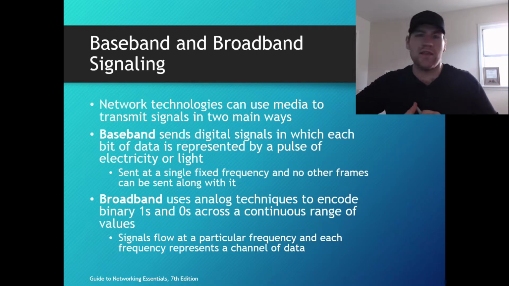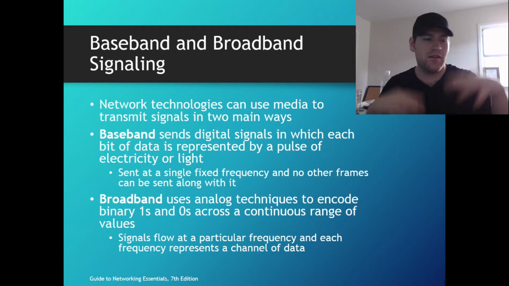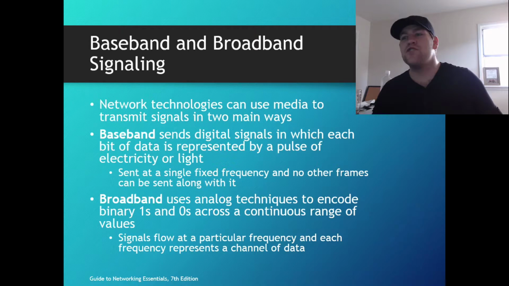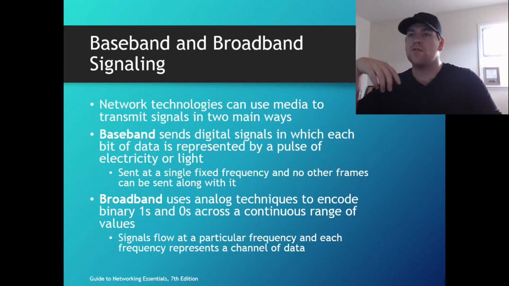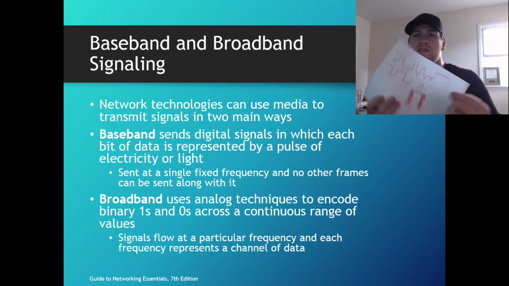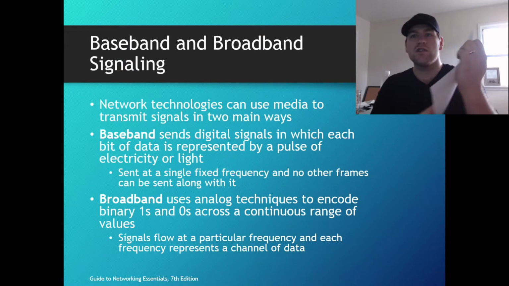And that helps to alleviate the electromagnetic field. I'm not an electrical engineer and I don't fully have my head wrapped around it, but if you have too much of an electromagnetic field around the wires, then it causes problems. So that's where the twists come in, as well as the differential signal, which we'll talk about more later. But baseband is either the presence of voltage or the absence of voltage.